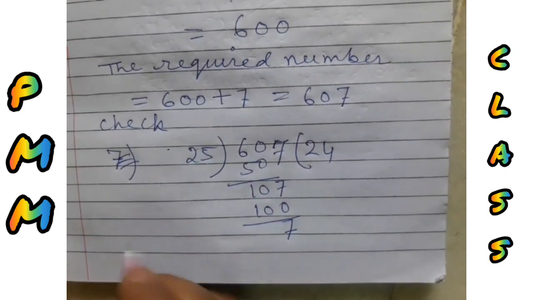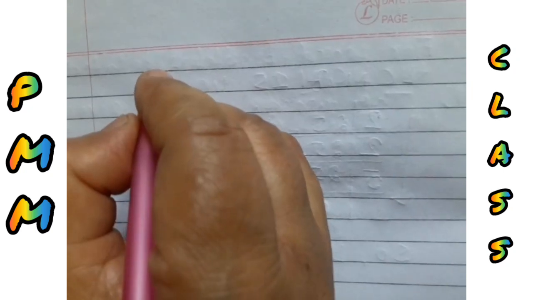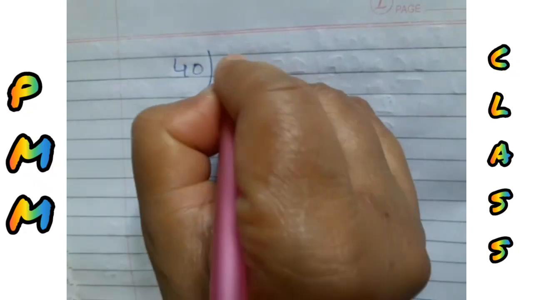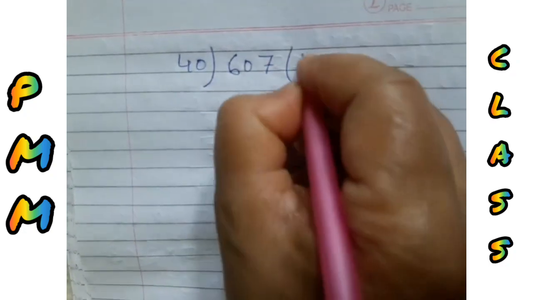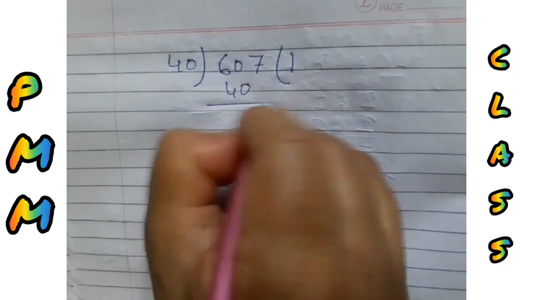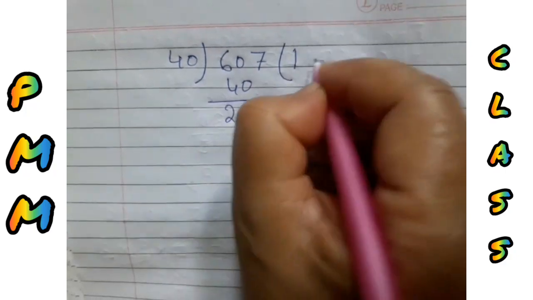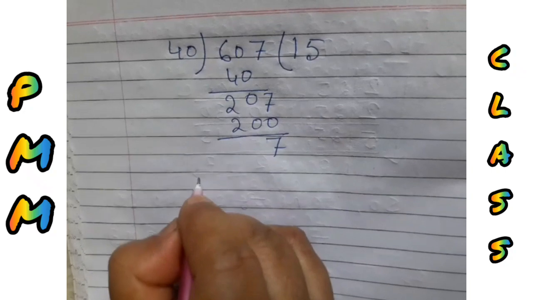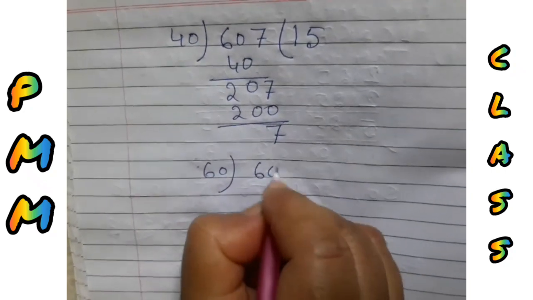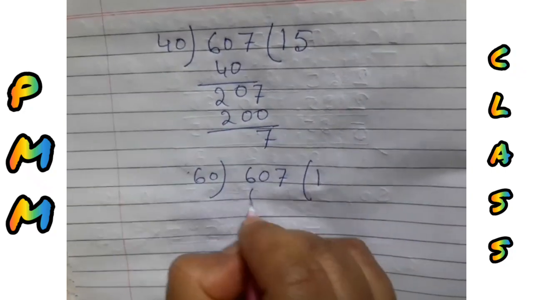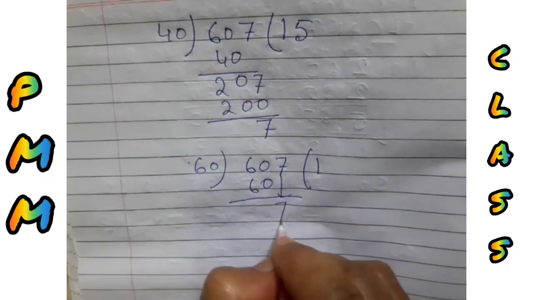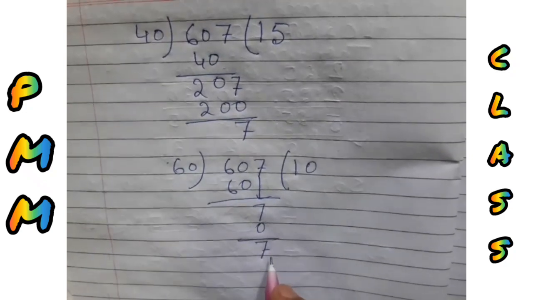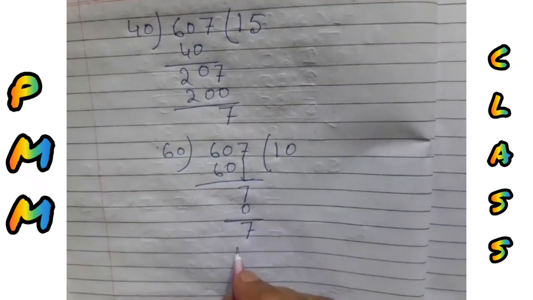Next number is 40: 40 into 15 is 600, the remainder is 7. Next number is 60: 60 into 10 is 600, the remainder is 7. In each case the remainder is 7.